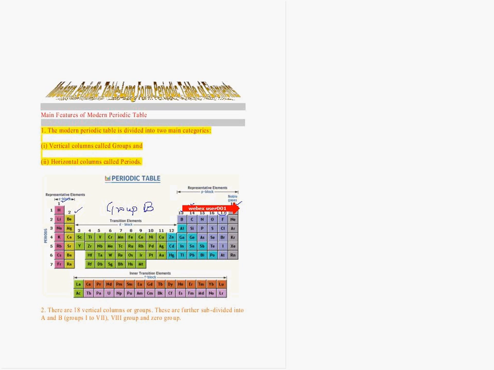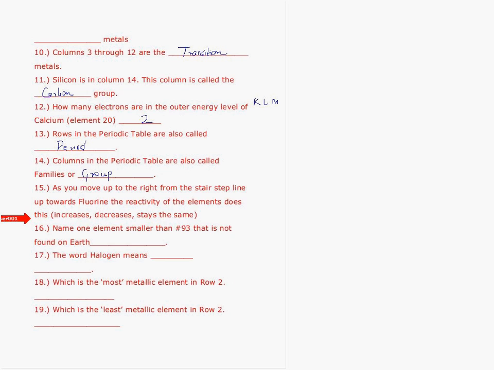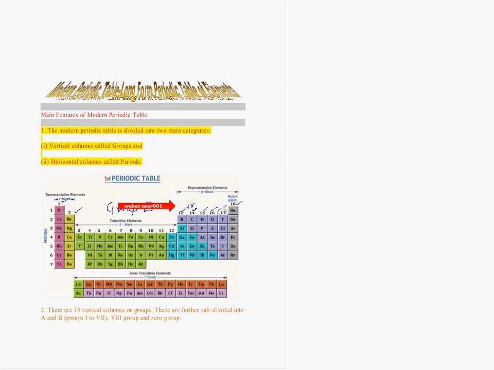And these non-metals have less reactivity as compared to these metals. Metals give up electrons, non-metals take an electron. So what will be the answer for this one? Going towards fluorine, the reactivity of the element will, fluorine is right over here.